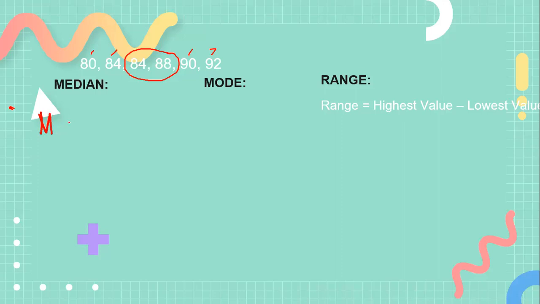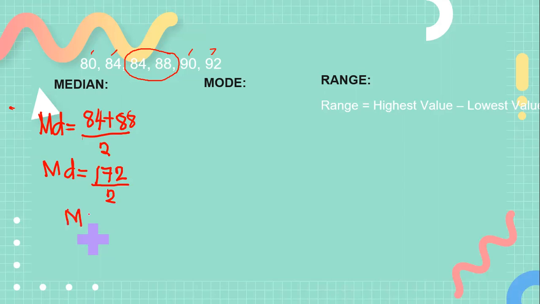MD is equal to 84 plus 88 divided by 2. That is 172 divided by 2. So our median is 86.